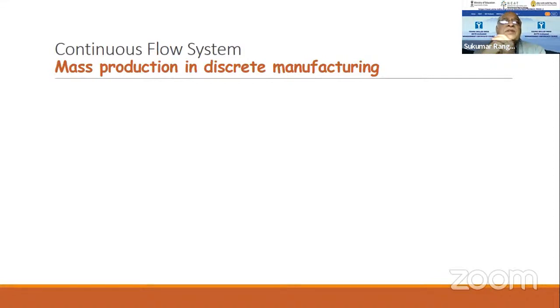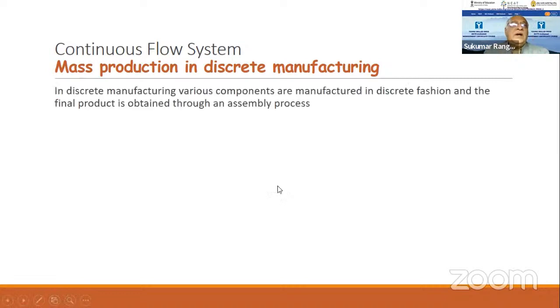Now, continuous flow systems in mass production in discrete manufacturing. We saw that was continuous flow manufacturing. This is discrete manufacturing, where various components are manufactured in discrete fashion and the final product is obtained through an assembly process. Simple example, like you talk about cars.